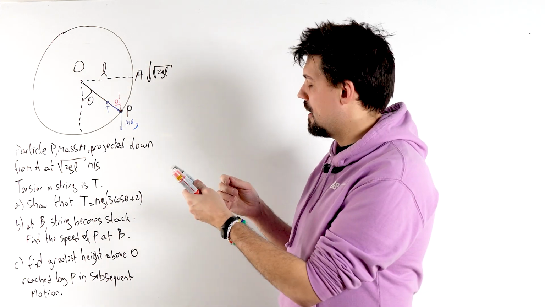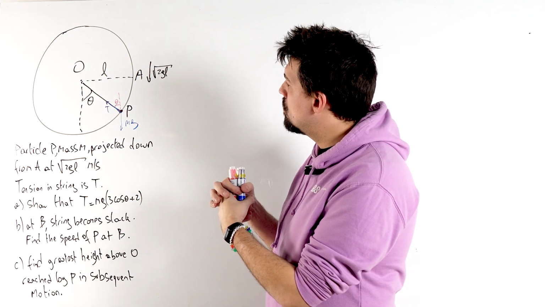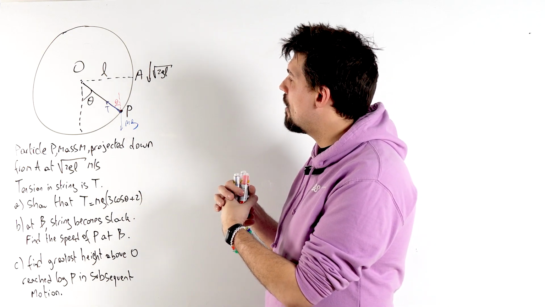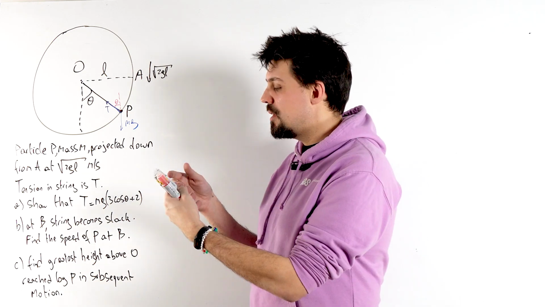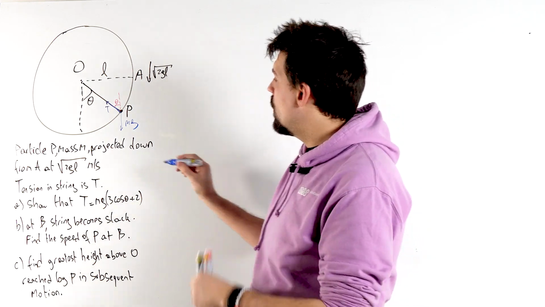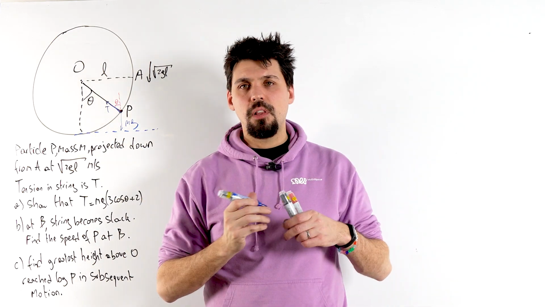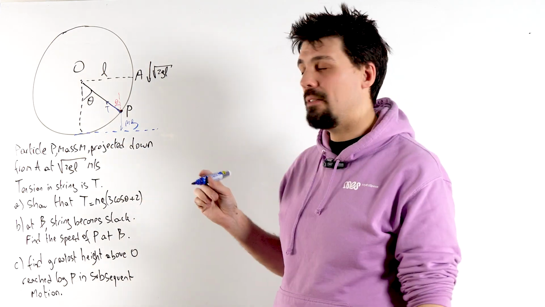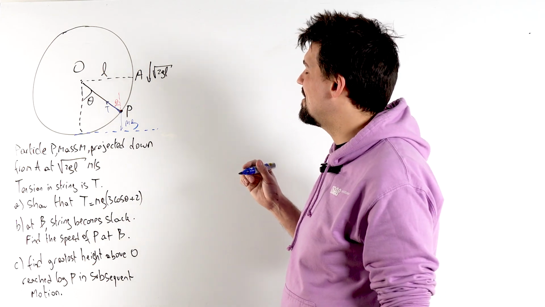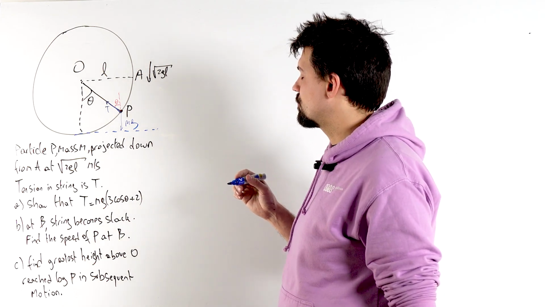There are a couple of ways to think about it, depending on how comfortable you are with negative energies. Just for the sake of it, I'm going to take the very bottom of the circle as my reference point.